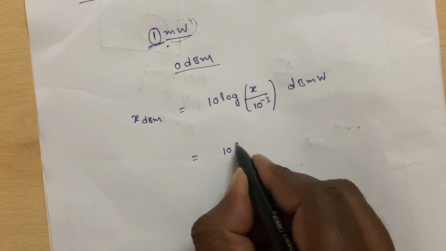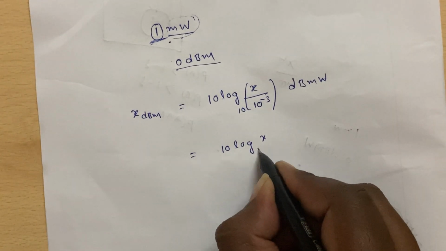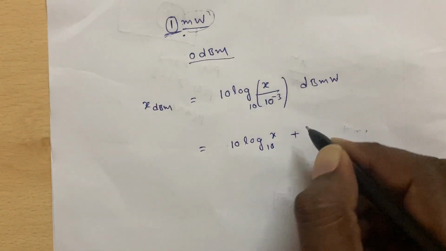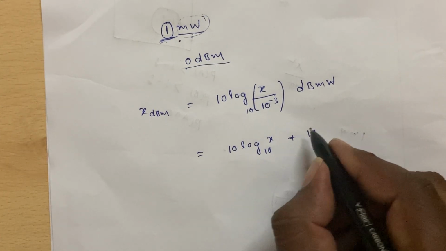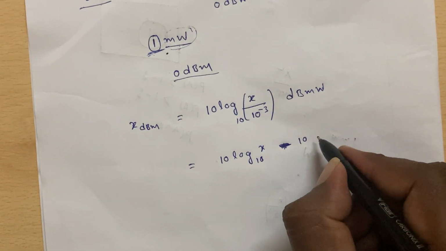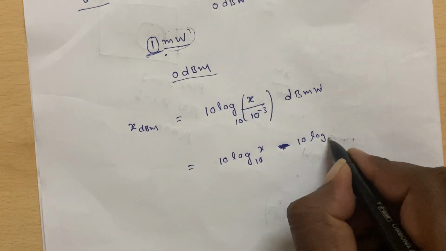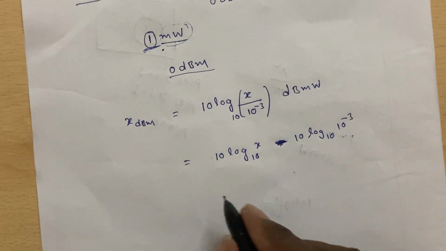If you simplify this, it will be like this. 10 log x base 10 plus, minus 10 log of 10 power minus 3.